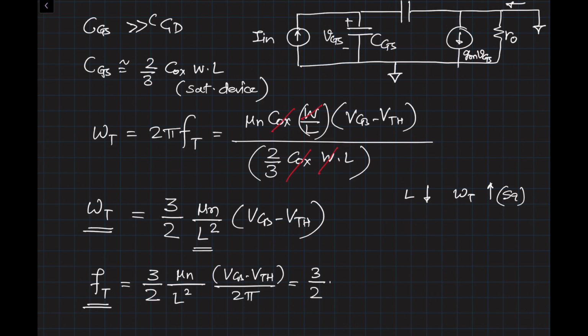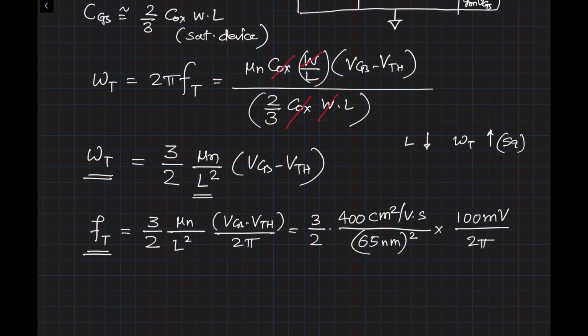Mu n is 400 cm square per volt second, divided by, let's say, 65 nanometer technology, so 65 nanometers square, multiplied by, let's say I choose my VDsat or VGS minus VTH equal to 100 millivolts, divided by 2 pi.